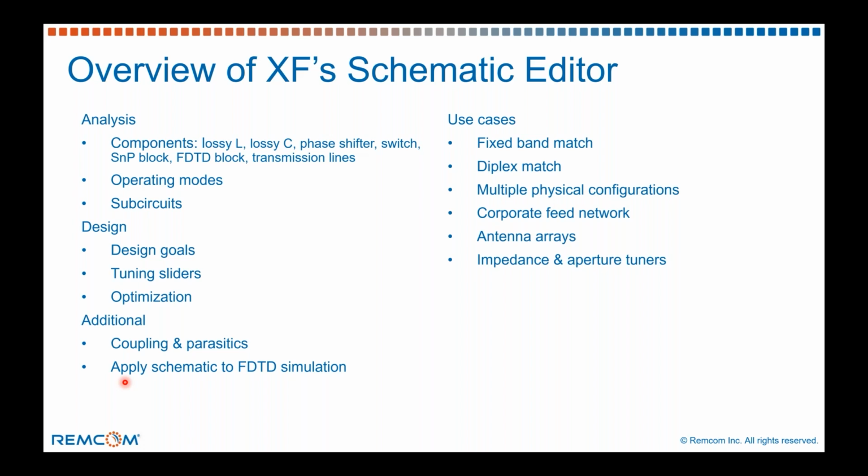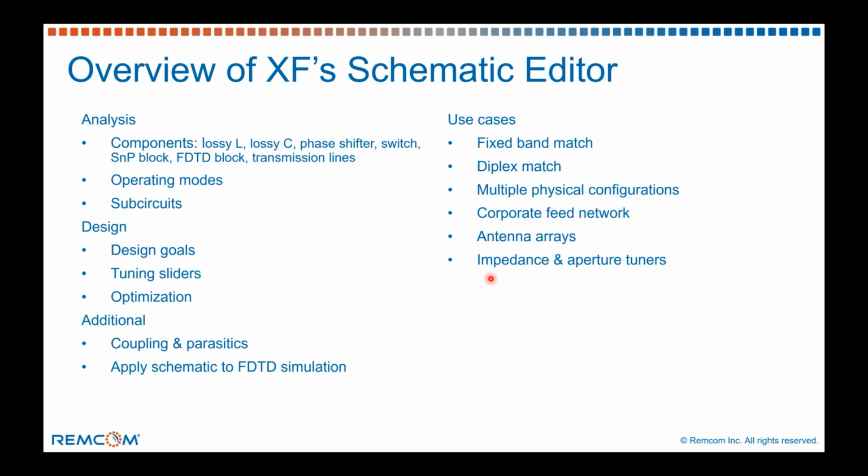But then there's also all of the full wave results that you're interested in, whether it's far zone radiation patterns or envelope cross correlation or SAR or surface currents, and you want to see all of those full wave results with the schematic applied, and we'll show you how that's accomplished. And so those are the features within the schematic that we're going to want to go over.